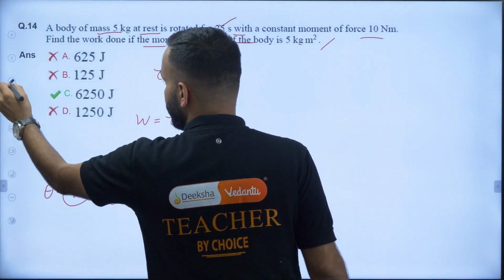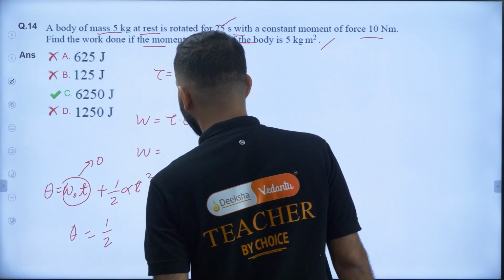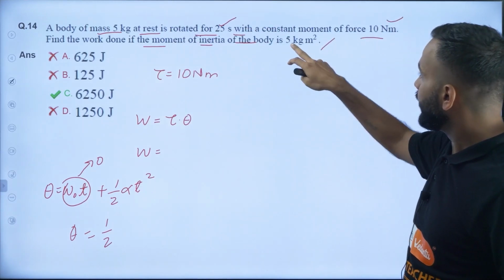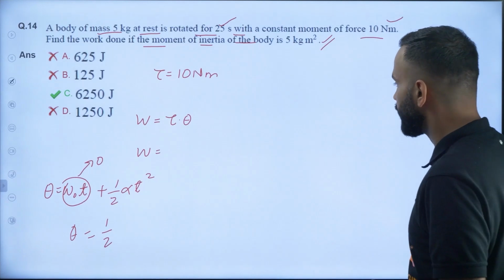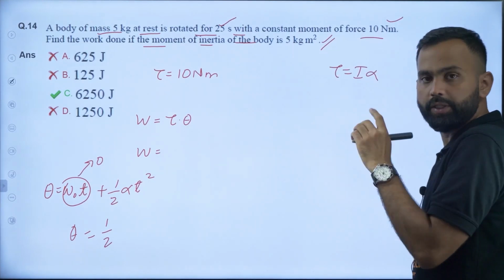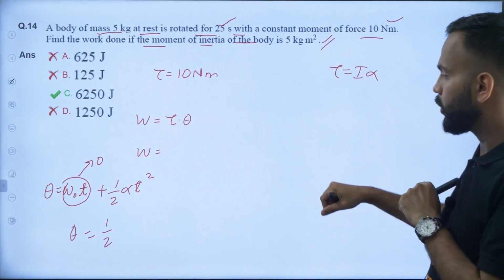Before that, theta is equal to half alpha t square. Here the moment of force, that is torque, is given, and the moment of inertia of the body is also given, that is torque tau is equal to I into alpha. We know the relationship between torque, I and alpha, right? Isn't it? Newton's second law of motion for a rotating body.